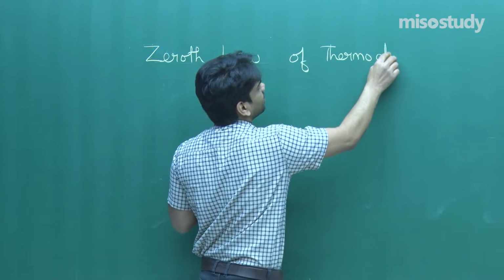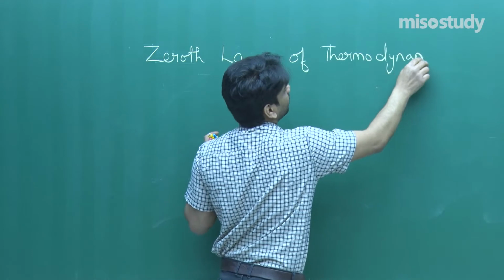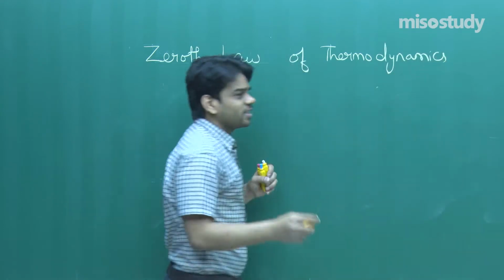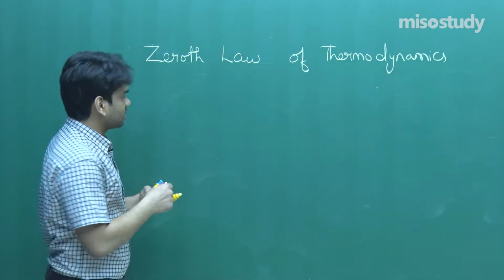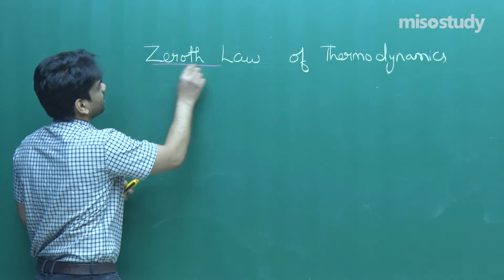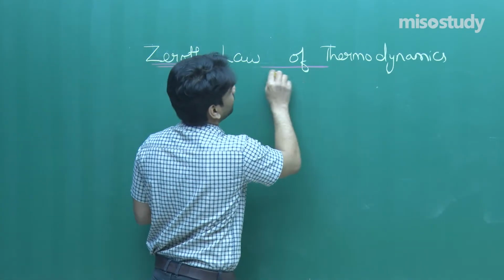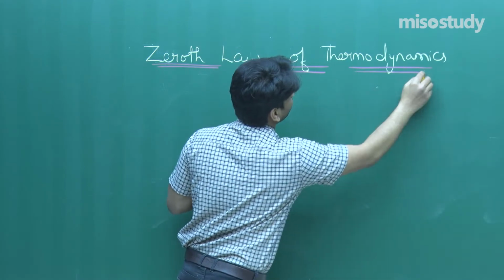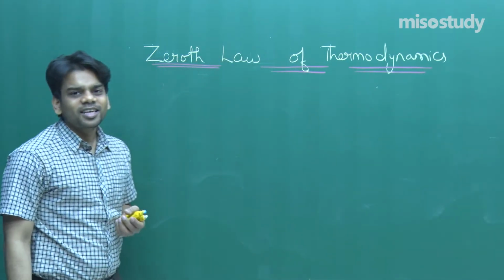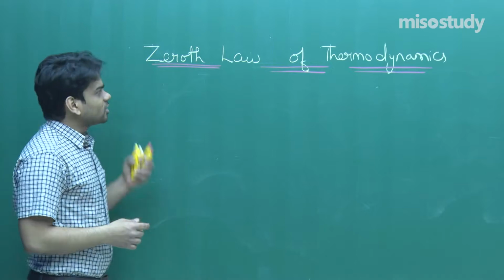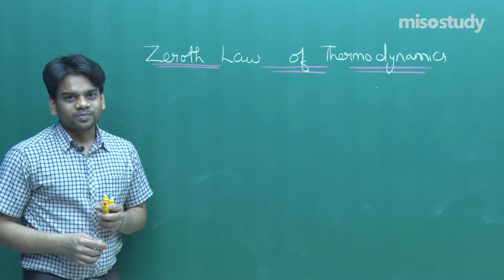New chapter, interesting chapter, and let me tell you, it's a very easy chapter. Students find some concepts within this chapter difficult, but we'll try to make it easy, and let me assure you that I will try to make every concept in this chapter very easy to understand and simple to apply. Let's go ahead with the zeroth law of thermodynamics.